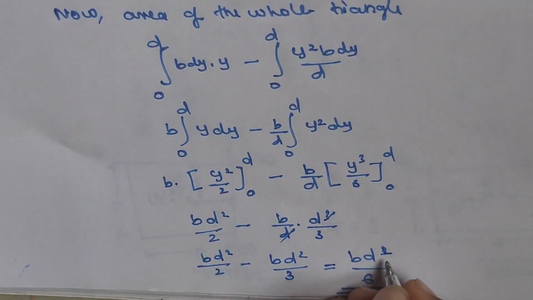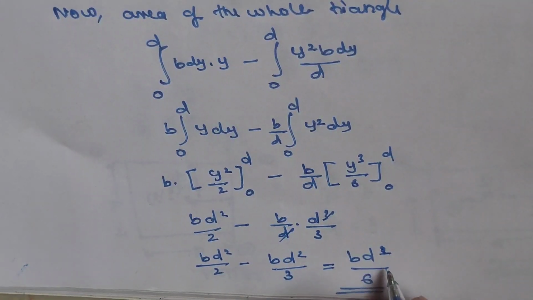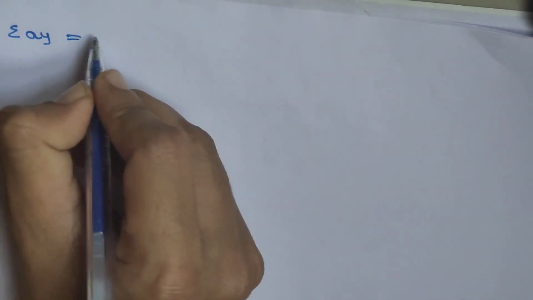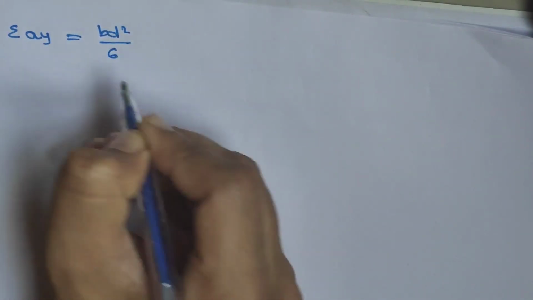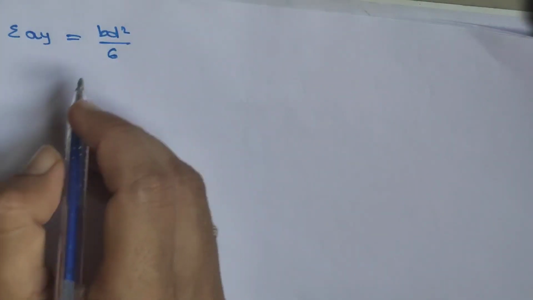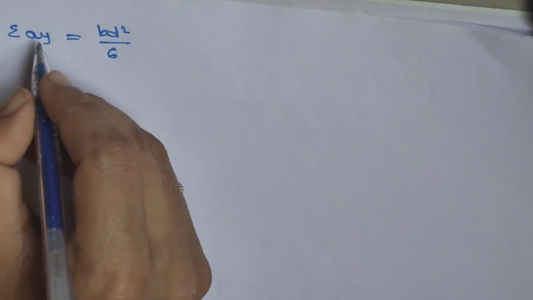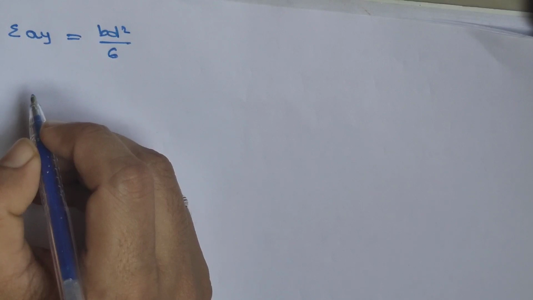Sorry, it is not bd cube by 6, it is bd square by 6. Now we got the moment of area as bd square by 6. Moment of area can be written as summation ay, because moment of area is nothing but area multiplied by perpendicular distance. Now we have to find y.